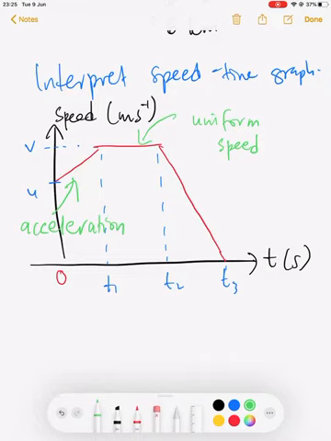And down here when it's going down, we say the object has deceleration.